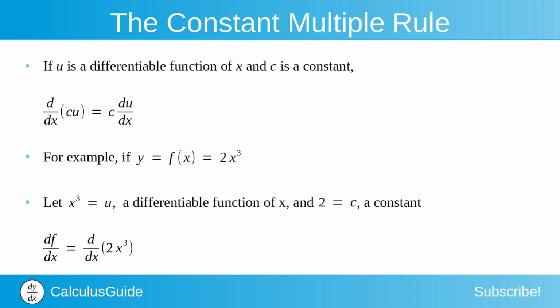Using the constant multiple rule, this is equal to 2 multiplied by the derivative of x cubed with respect to x. The derivative of x cubed with respect to x is equal to 3x squared. So we have 2 multiplied by 3x squared, which is equal to 6x squared.